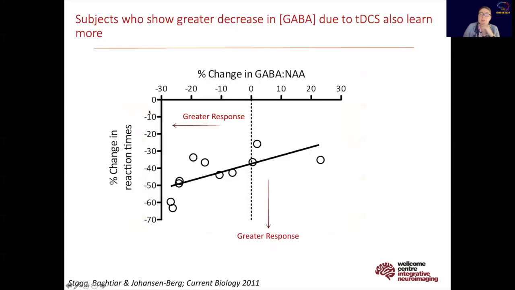That's very variable. But we can show that people who are very responsive to TDCS, people who are able to decrease their GABA a lot on one day, are also those who decrease their reaction times when they're learning, so also those who learn well. People who don't have a very responsive GABAergic system really don't learn the task very well.